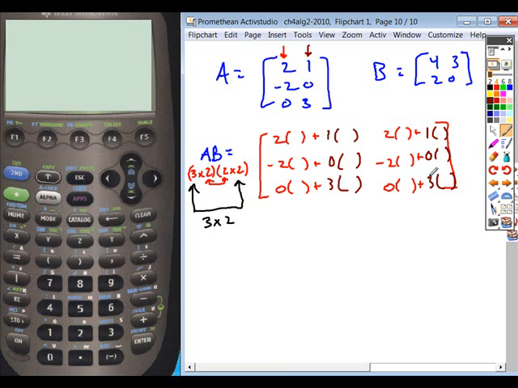Once you do that, you then go to the second element. If we look at the 4 and the 2, that's going to go in all of these spaces, so you're basically distributing that 4 through. We then move down to the second one, the 2, and distribute that through as well.